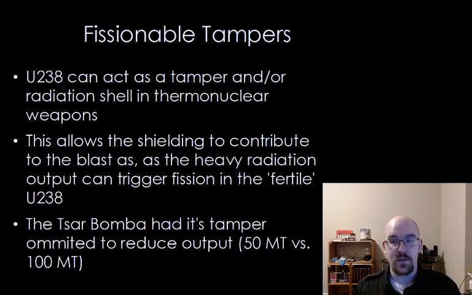So as the blast goes off, the shell becomes part of the bomb. This can significantly improve the output. The Tsar Bomba's tamper was omitted to reduce its output because even the Soviet Union was somewhat concerned, and that almost halved the output, being only 50 megatons instead of an estimated 100 megatons.